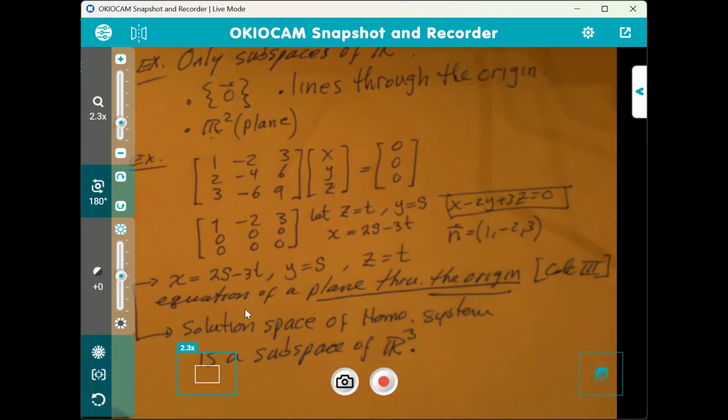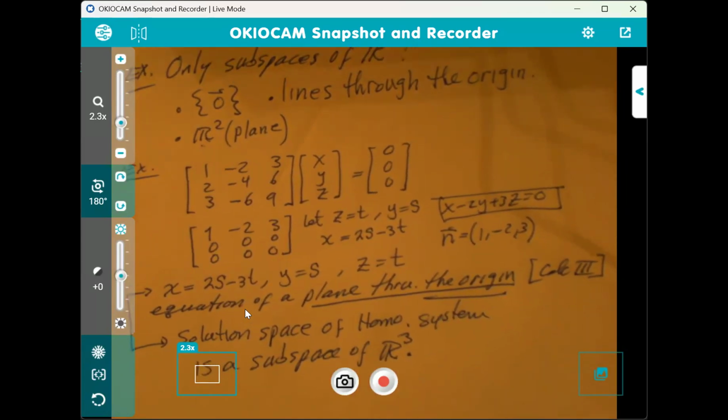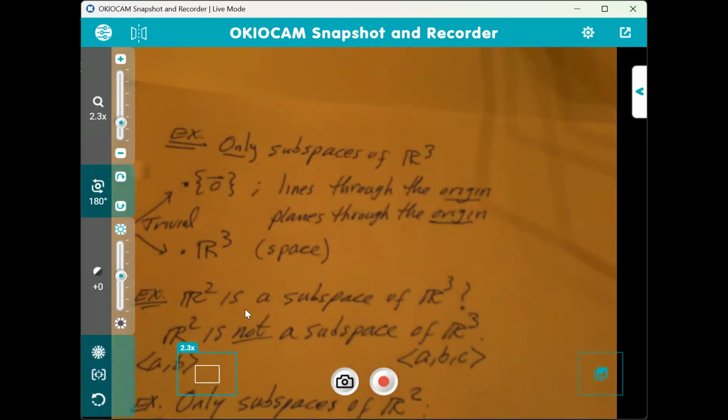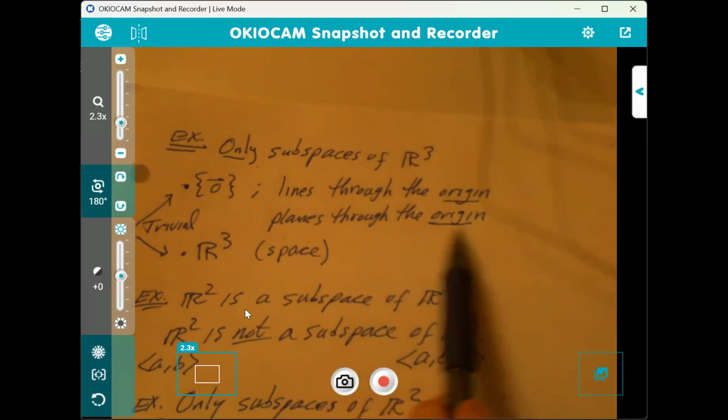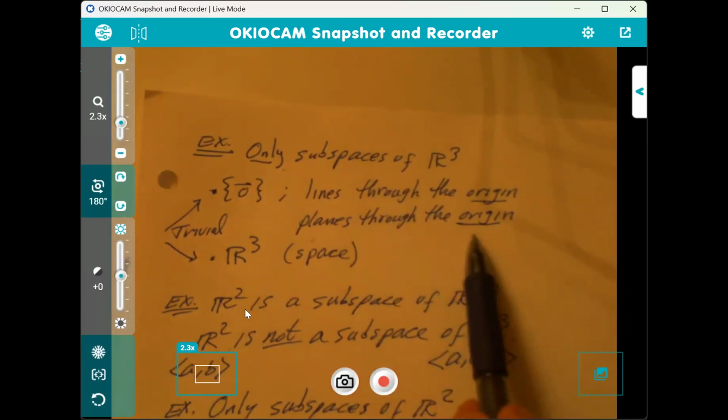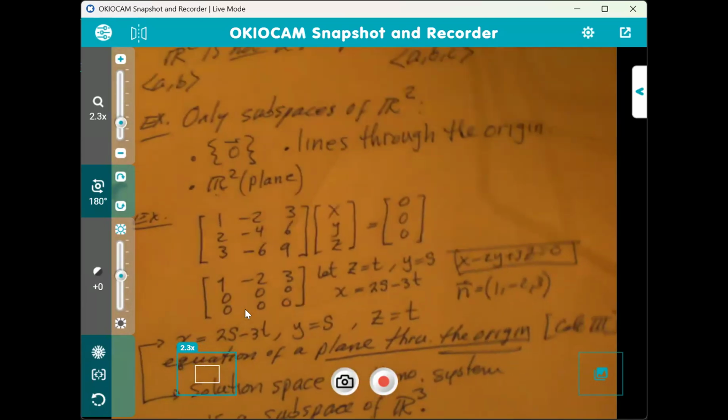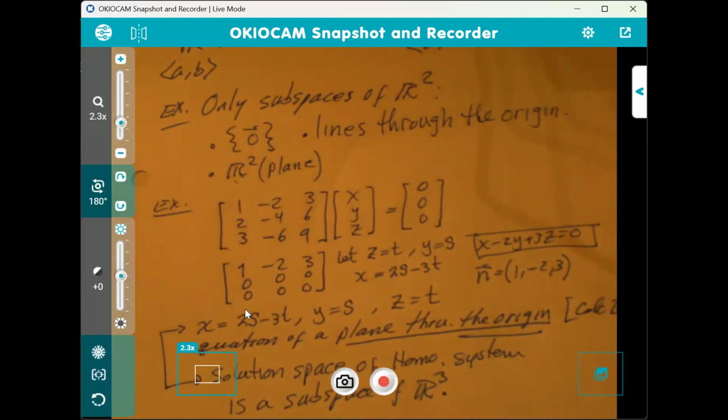It's a plane through the origin. And remember, in previous examples, we said all planes through the origin are subspaces of R cubed. So here's an example of a system that generates that plane.